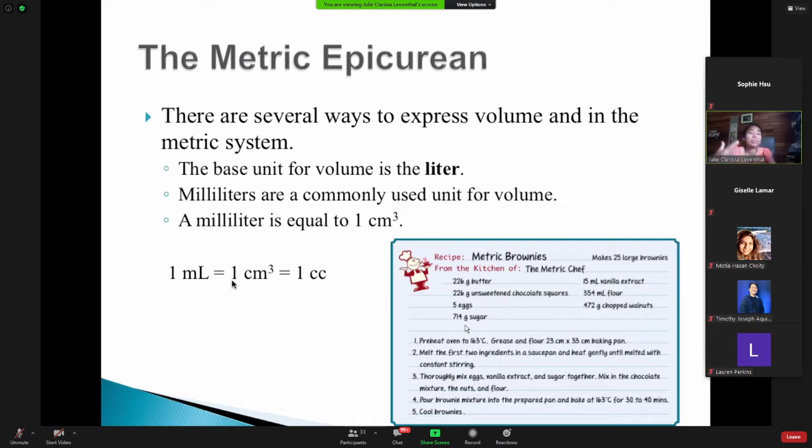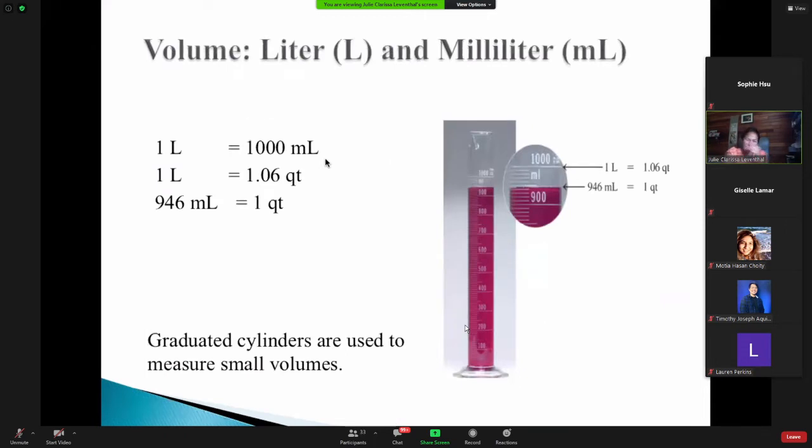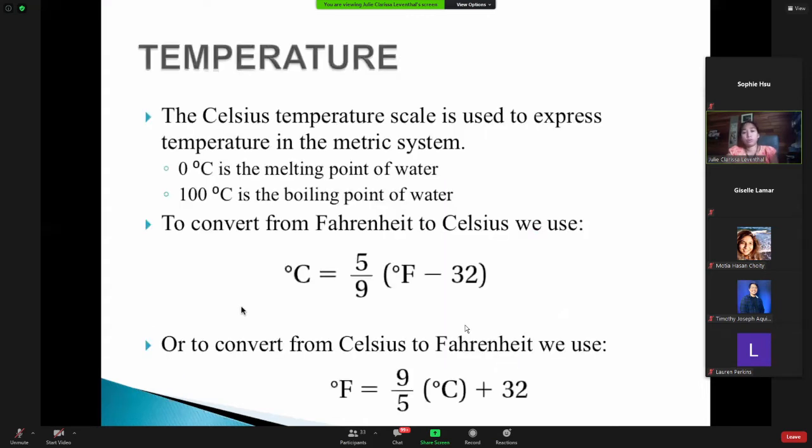So 1,000 ml, what's the base unit? 1,000 ml is 1 liter. 1,000 ml is 1,000 cm cubed, is 1,000 cc. This is your 1 liter. This is a graduated cylinder. 946 ml is also 1 quart. If you buy 1 quart of soup, it's not really a liter, but close to 1 liter. So these are units which we use.